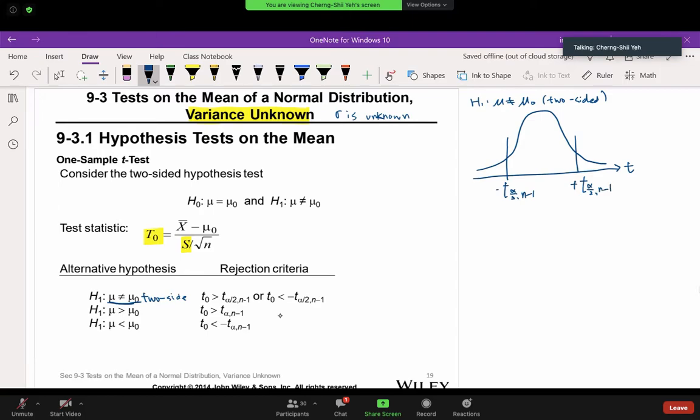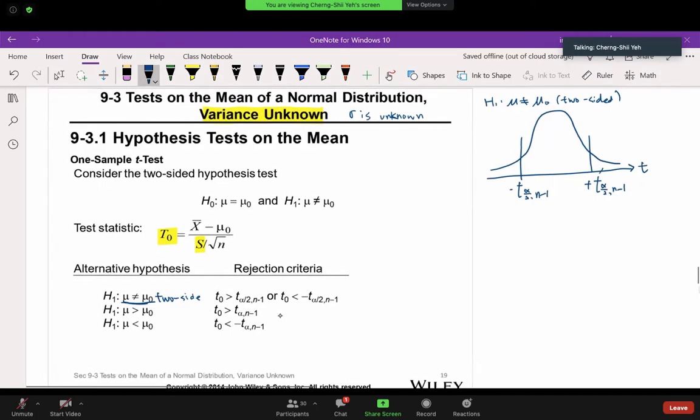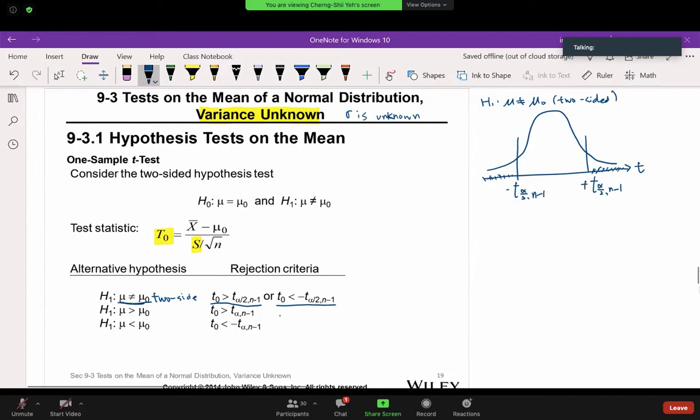Okay, so where is my rejection criteria? When my test statistic is located greater than the upper bound, that this area corresponds to this part, or below the lower bound, which is this area over here, in these two situations, we will reject the null hypothesis.